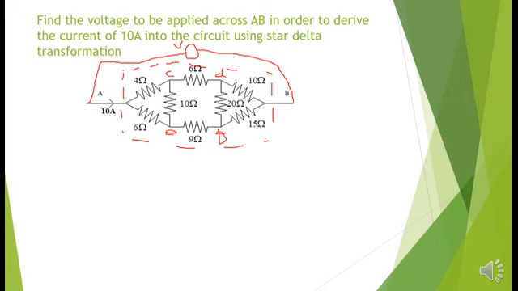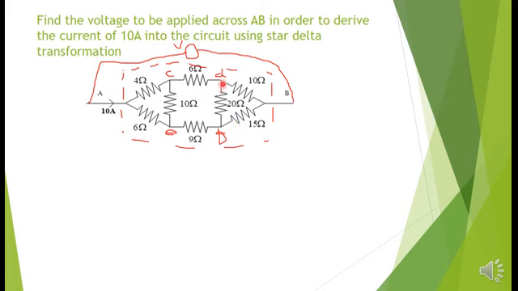None of the elements are either in series or in parallel. So you need to apply star delta transformation. Here ACE is a delta as well as DBF is a delta. So I will transform these two delta connected networks ACE and DBF simultaneously.